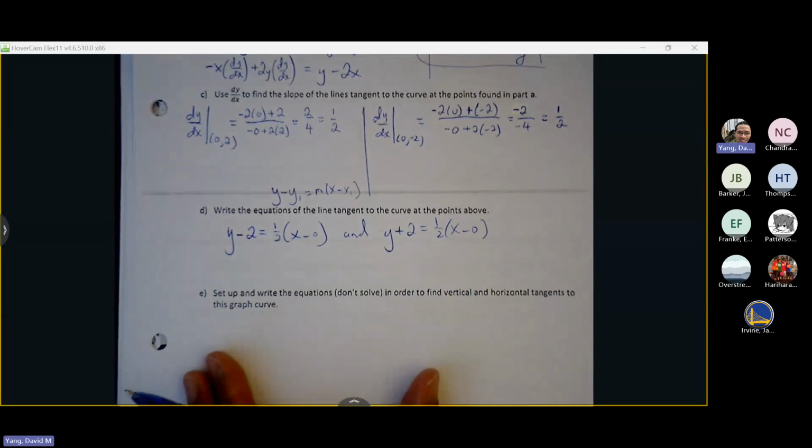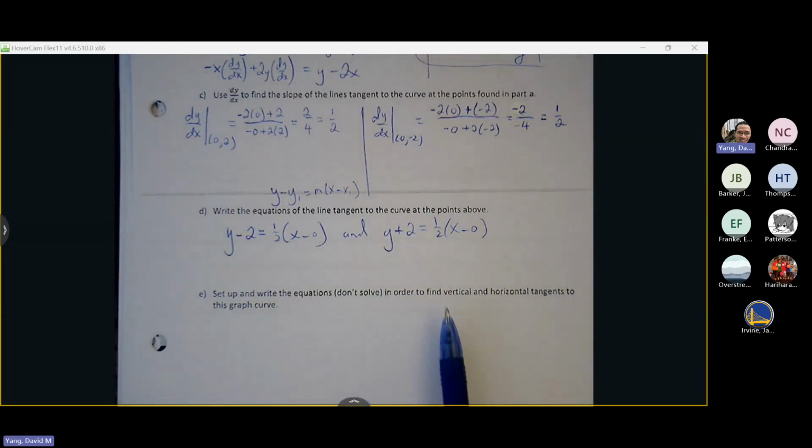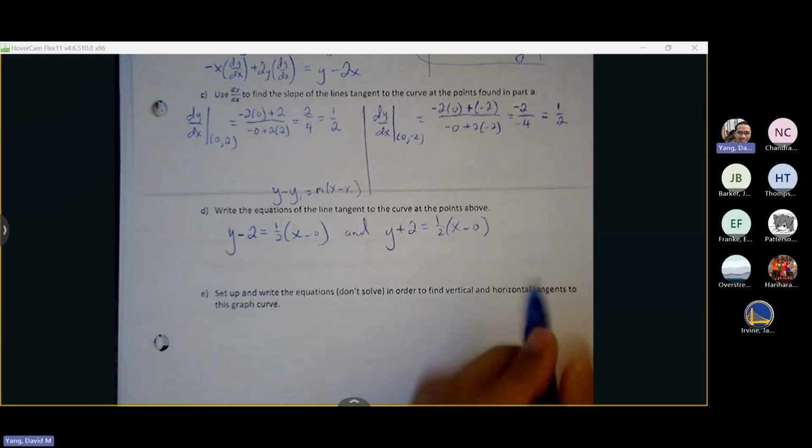Okay, set up and write equations, but don't solve, in order to find vertical and horizontal tangents. The reason why I say don't solve is because it's a little bit more complicated for this one because we have multiple variables in either the numerator or denominator. If it were not more complicated, I'd be able to ask you to go further. But we know horizontal tangent.